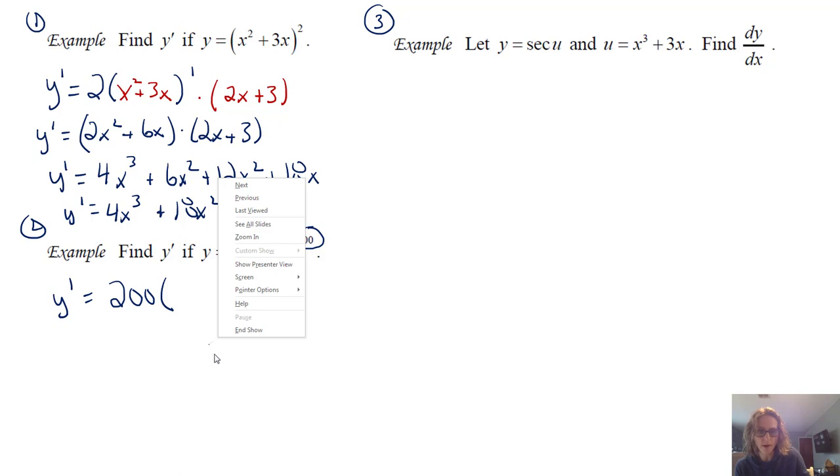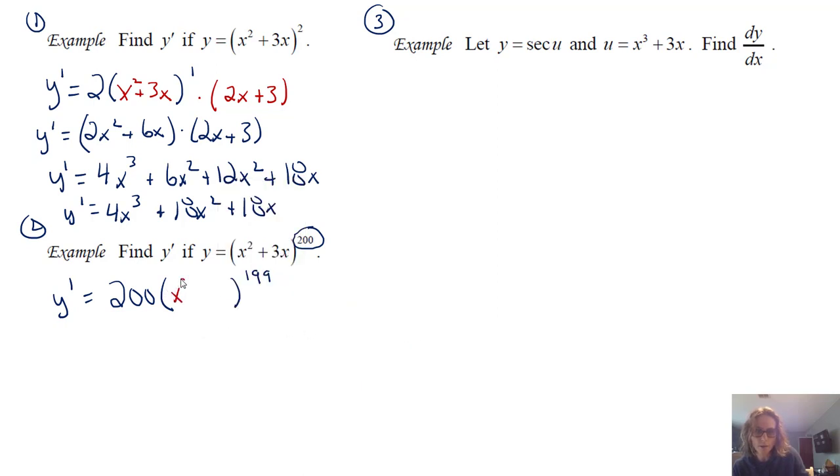We keep the inside the same. Let me change the ink color here. So we keep the inside the same, x squared plus 3x. And then we don't want to forget that we have to multiply, according to the definition of the chain rule, 2x plus 3. And again, not multiplying this out. This is the chain rule. This is the derivative, so I am done with this.